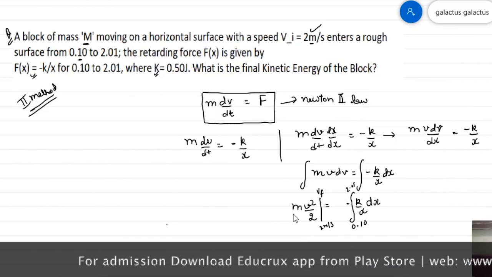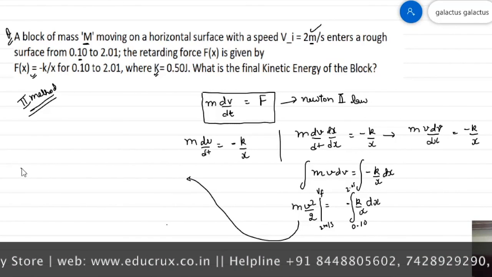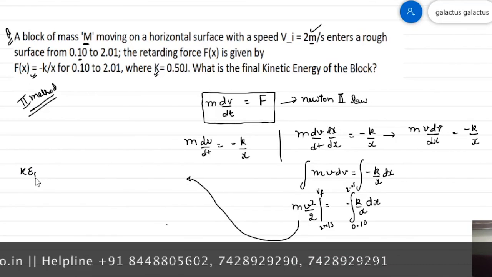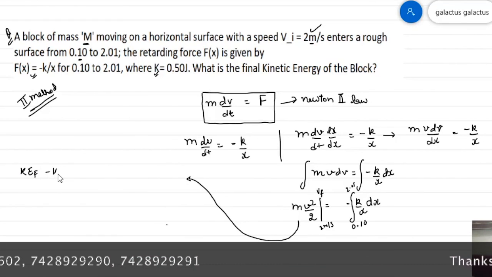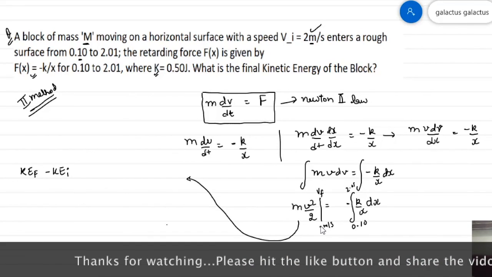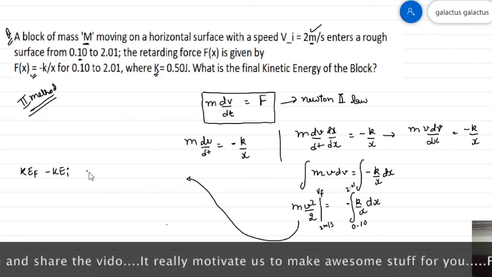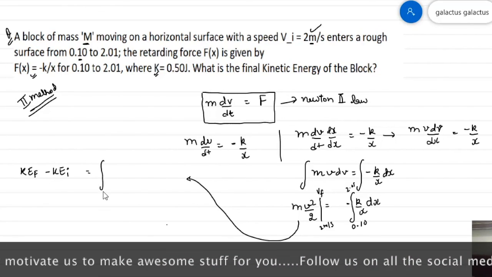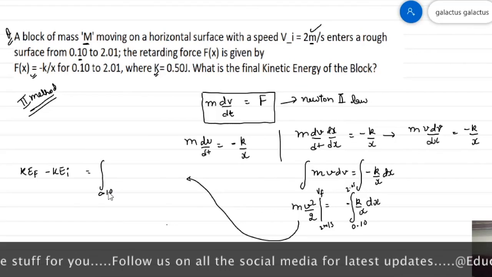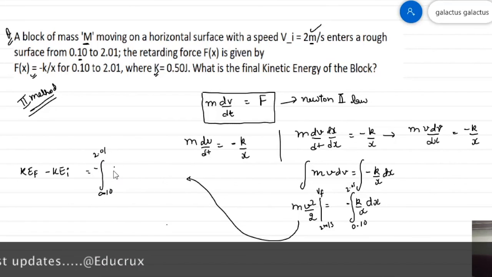So if I now substitute the values, I'll get kinetic energy final minus kinetic energy initial, that is half m 2 square, is equal to the integral from 0.10 to 2.01 of minus k by x dx.